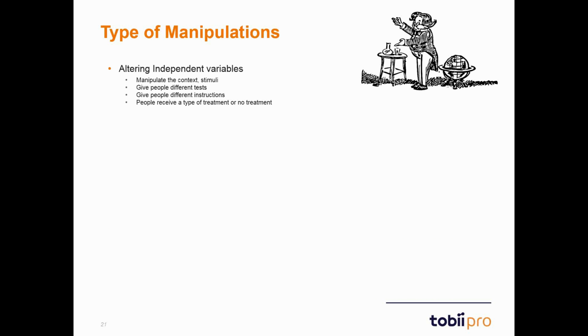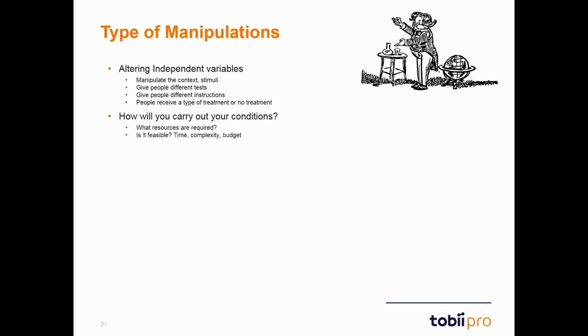Now, additionally, given that you have these types of measures, you want to have something that you affect on the subject that's in your lab. There are lots of different ways that you might alter variables. You could manipulate the context or the stimuli. Maybe you have different tests or instructions.